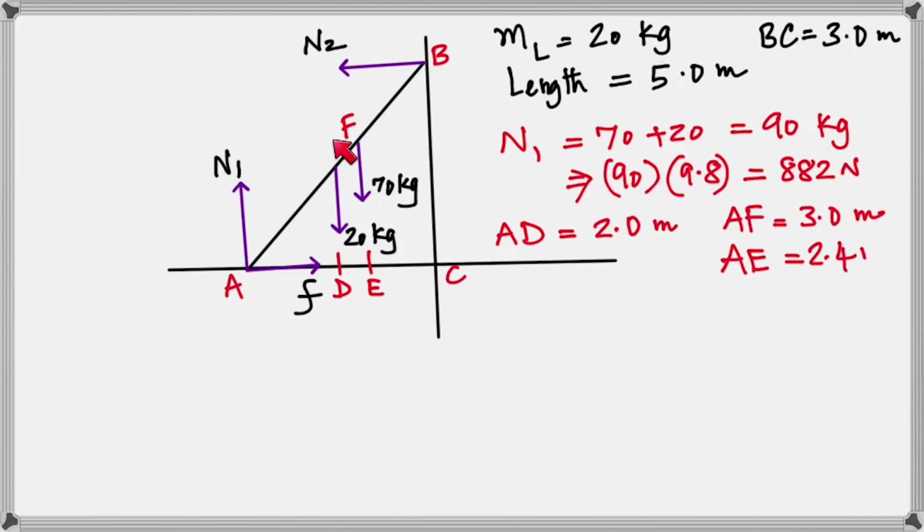The person is 3 meters up the ladder. Hold on. So how do we know that AE is 2.4? How do we know? It's just a case of ratio, my dear, ratio. Because AF, if it is 3, then you know 3 divided by, what's the ratio there? How do you get 2.4?